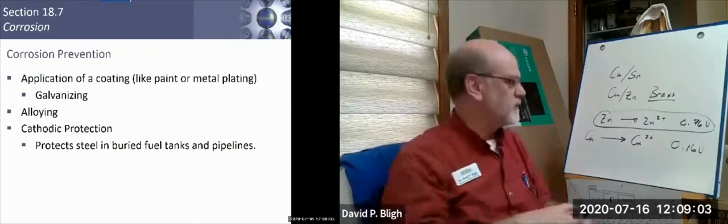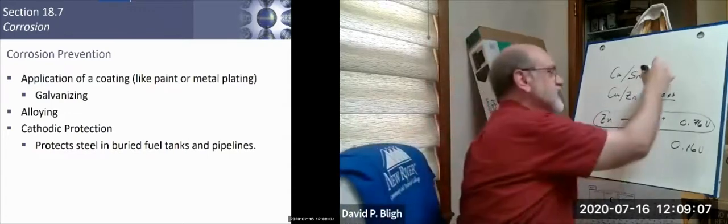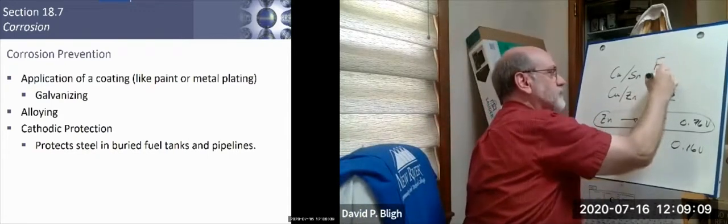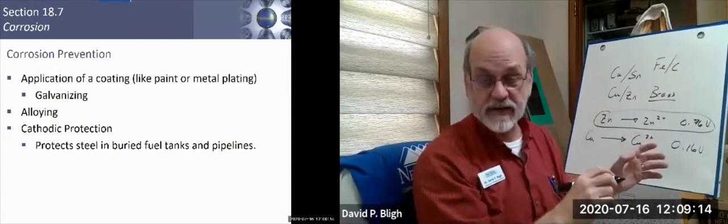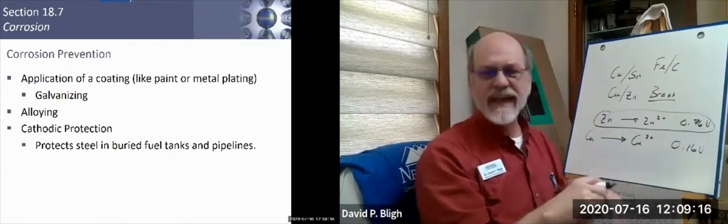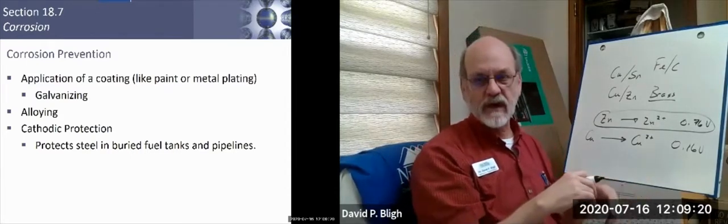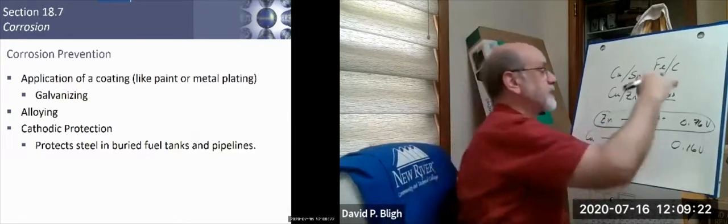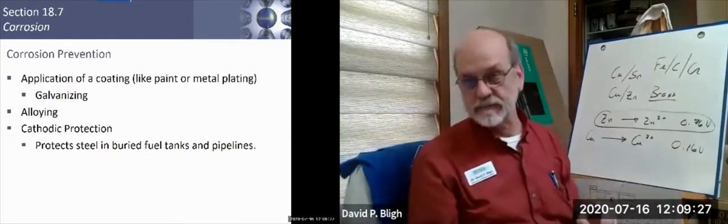Those are alloys. Stainless steel, all right, I mentioned that one, but I didn't say what it was. Stainless steel is iron, carbon, right? You have to have carbon for stainless steel, so it's going to be less than 0.5%, a form of steel. And then you mix in chromium.